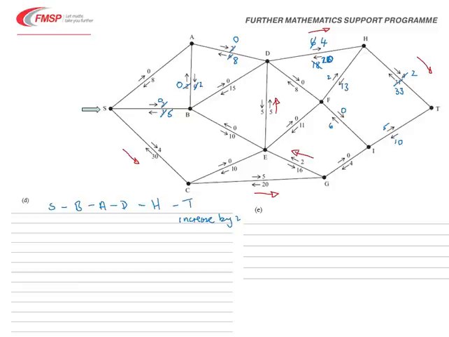So this path is going to be S, C, G, E, D, H, T, and it increases by 2 again. So performing that increase, then we get as follows.